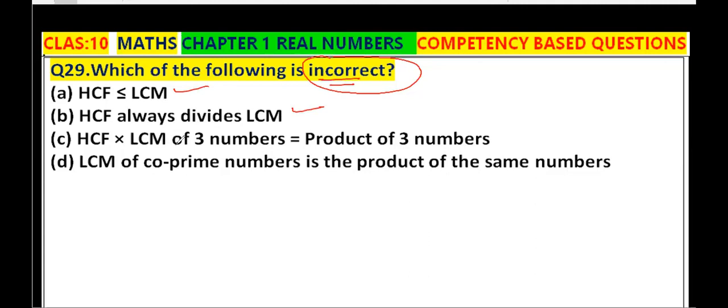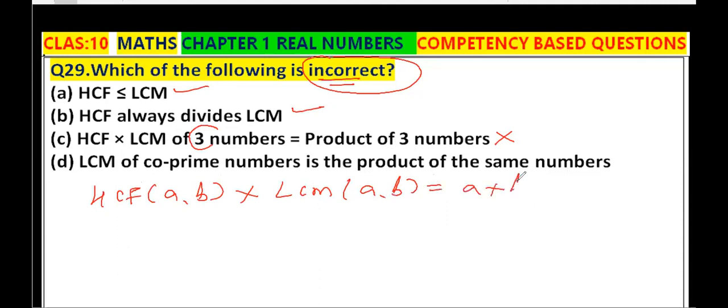SCF into LCM of three numbers is the product of the three numbers. No, the formula is valid only for two numbers, SCF of A and B and LCM of the two numbers A and B, which is given by A into B. The formula is not valid for three numbers, so this is our answer. C is the answer.